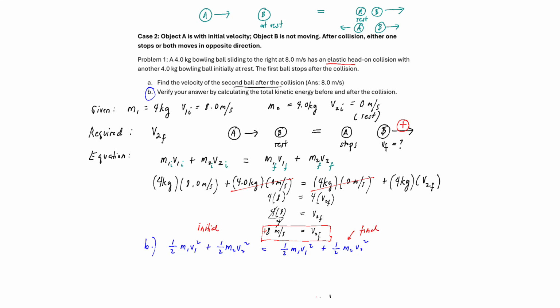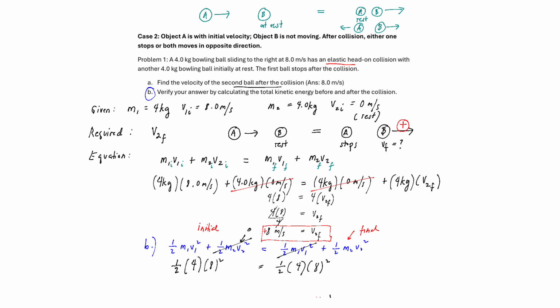So we have 1/2 times the M1 of 4 kilograms times 8 square. For the final condition, the velocity here is 0, so this can be cancelled out. We can also have 1/2 times 4 for the second ball times 8 square.